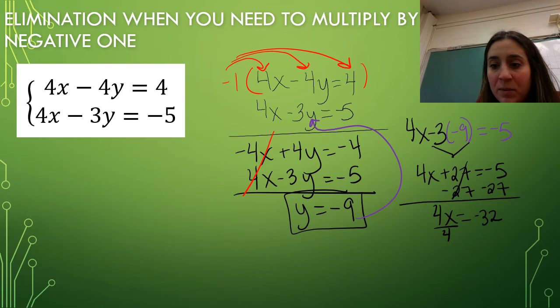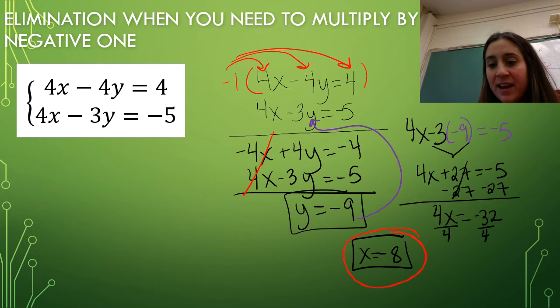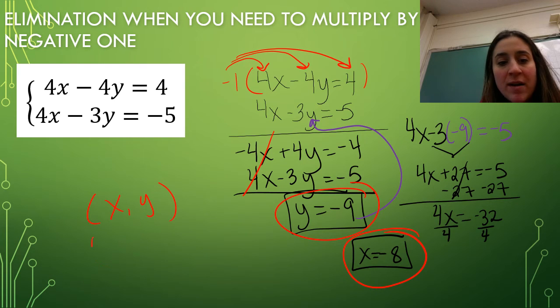Then I'm going to divide both sides by 4. And x equals negative 8. Now for my final answer, I have an x value and I have a y value. So now I can create my ordered pair, which is negative 8, negative 9.